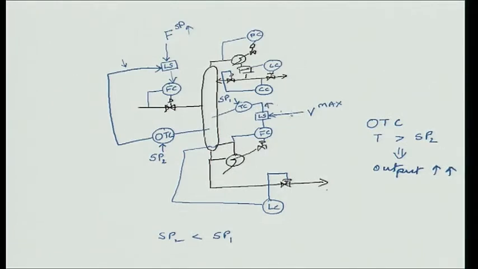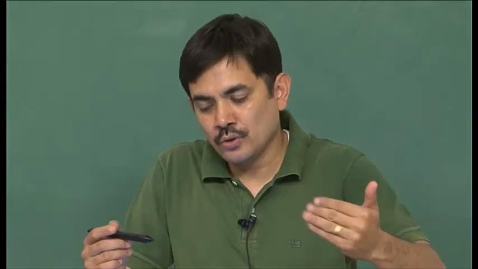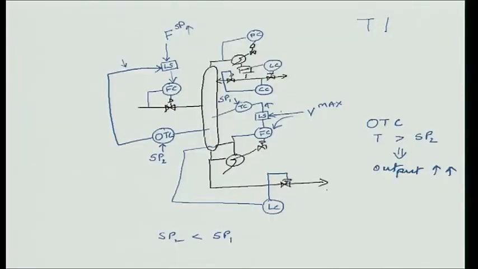Ultimately, this signal will become greater than V max, and therefore, at low throughputs you had this signal going through. There will come a stage when this is what will go through, and now temperature control has been lost. Because temperature control has been lost, you cannot increase the boil up anymore. So, the tray temperature will start to go down.